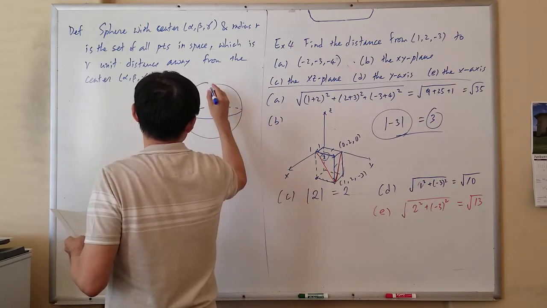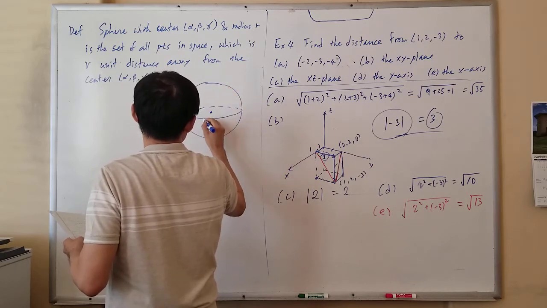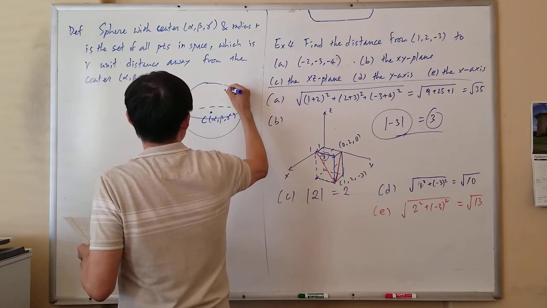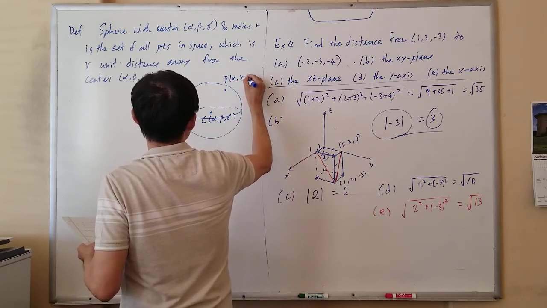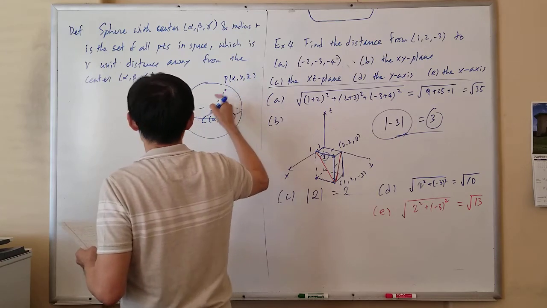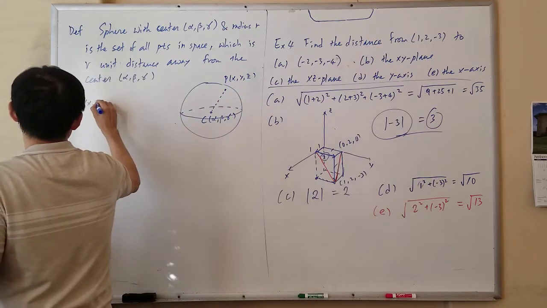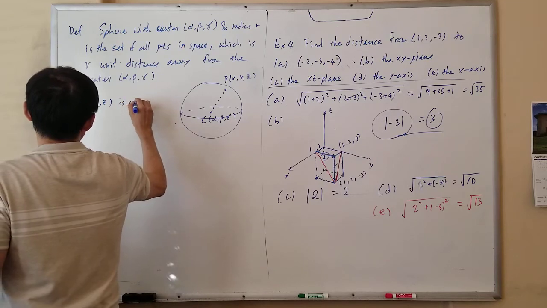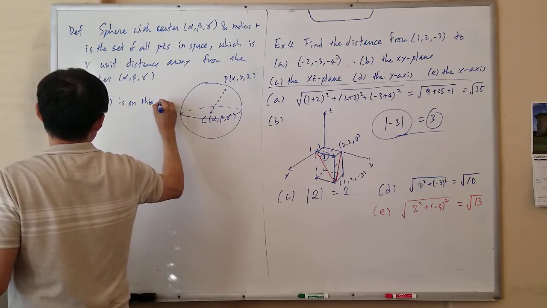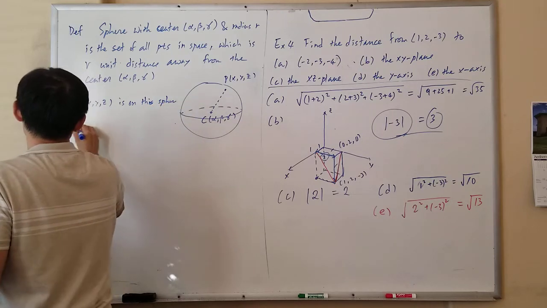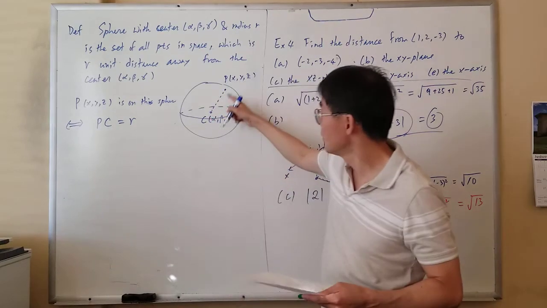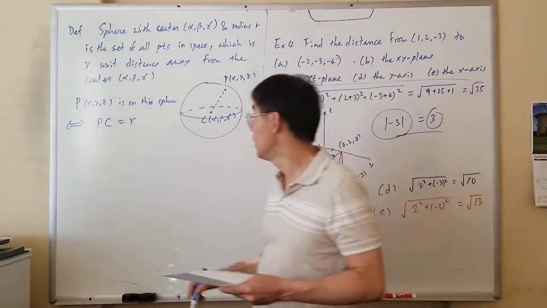Let's say this is that sphere. So your center C is alpha, beta, gamma. Having a point P on the sphere means that the distance between center C and the point, PC, is r.